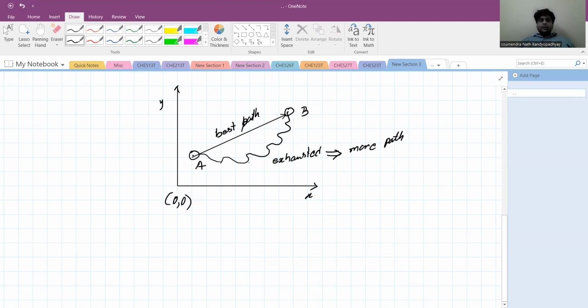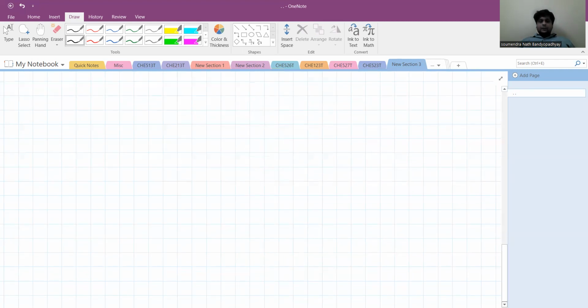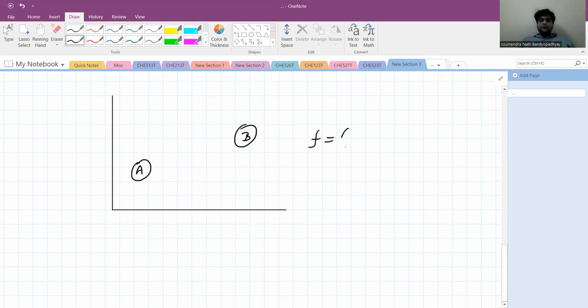Okay. So in the same way, we can define a state function and a path function, where we can say that if we want to know the change from point A to point B, then if a function exists, say x, such that it is a function of the initial and final values only.